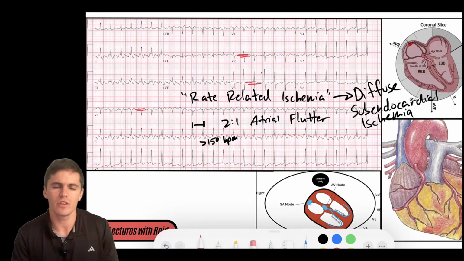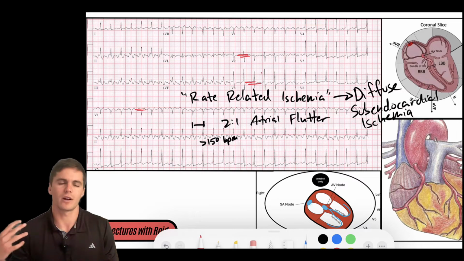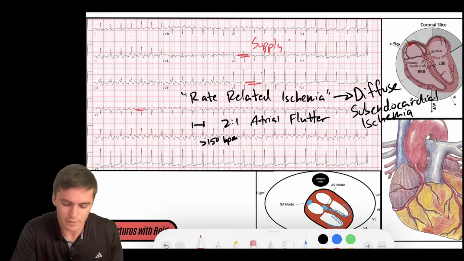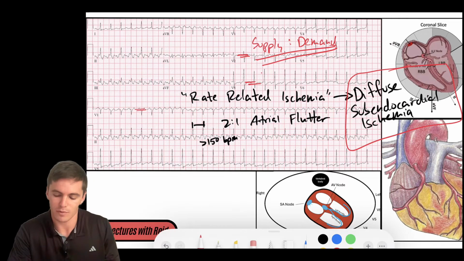Oftentimes when you slow these rhythms down, if it's a flutter, you give them a calcium channel blocker, a beta blocker, or you cardiovert them, or whatever you end up doing, you slow it down, that supply and demand mismatch resolves. And that diffuse subendocardial ischemia from that tachyarrhythmia resolves.